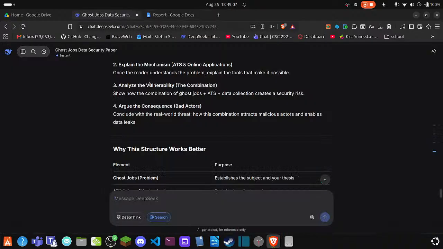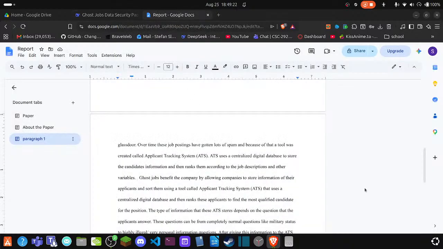So we did that one. Analyze the vulnerability. Show how the combination of ghost jobs plus ATS plus data collection creates a security risk. Okay.